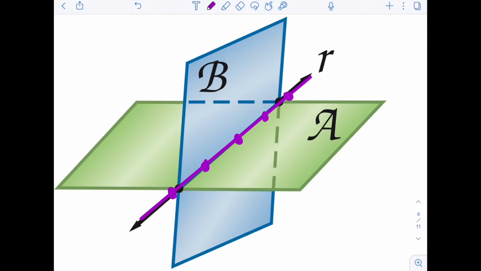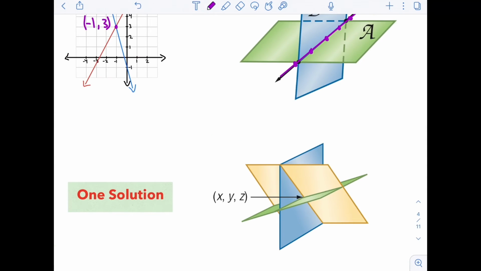So if we introduce another plane into this, then we can have an intersection at one point. That would look something like this, where we have our three planes. That's our three equations with three variables, and they're all intersecting at one point. That's our ordered triple solution. Right here, with our two lines, we had an ordered pair solution.